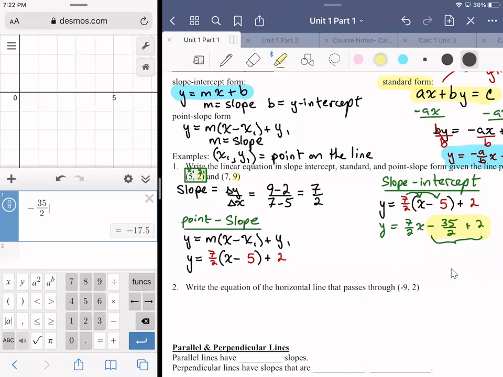Hit the right arrow or tap out of it in order to get to a separate expression. And you see it's already giving you a decimal, the decimal equivalent of this, which is nice. Then I would just type in the +2. Now I have a decimal answer. If you want the decimal answer, you could write that down.